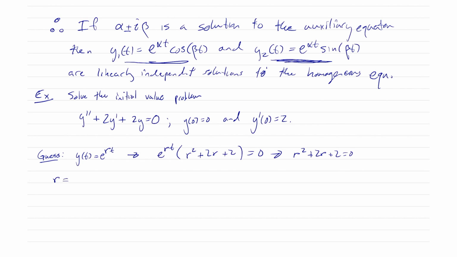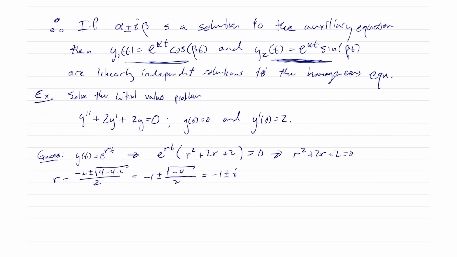So r is equal to negative 2 plus or minus the square root of 4 minus 4 times 2, all over 2. That gives us negative 1 plus or minus the square root of negative 4, divided by 2. And that gives us negative 1 plus or minus i.